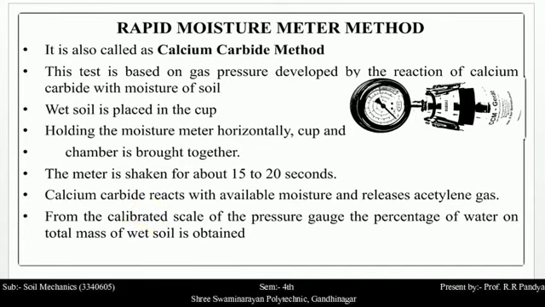From the calibrated scale of the pressure gauge, the percentage of water on the total mass of wet soil is obtained directly. So that's how we can get water content directly from this meter. It is a very quick method and it is also useful for site.